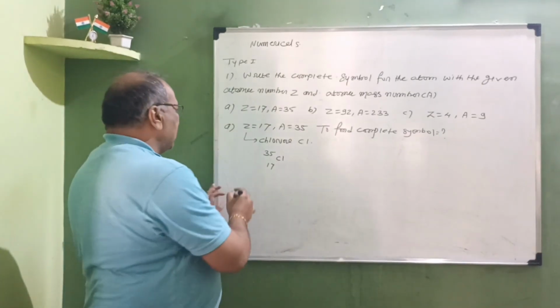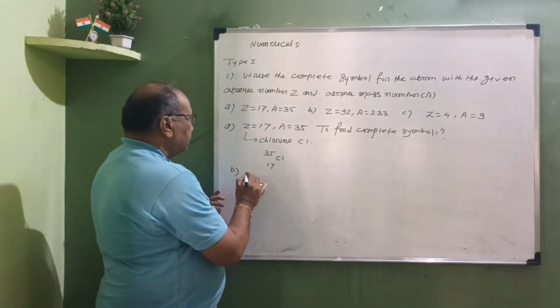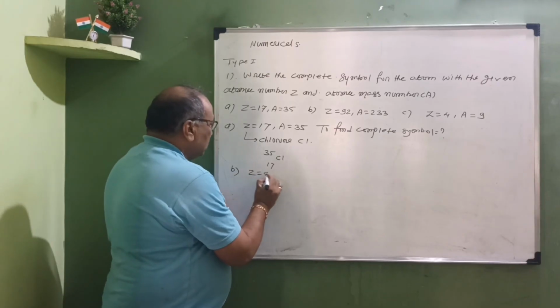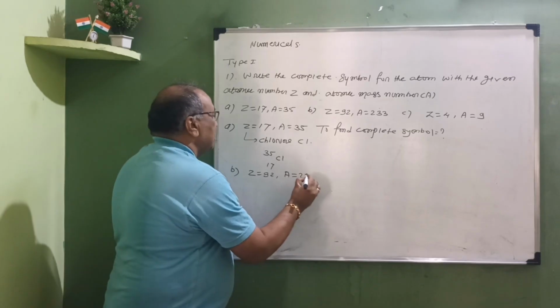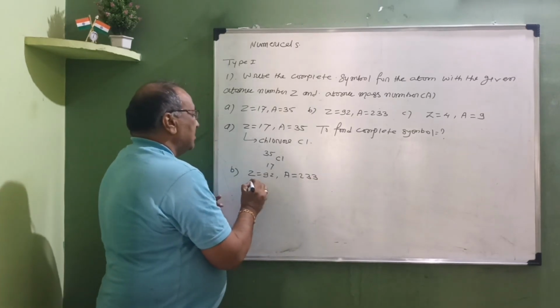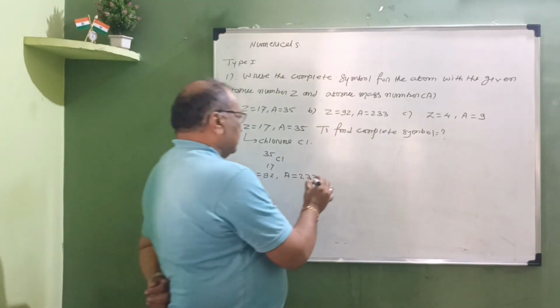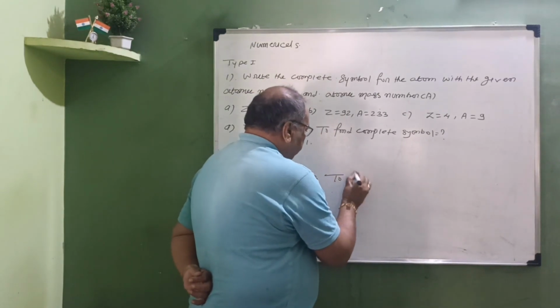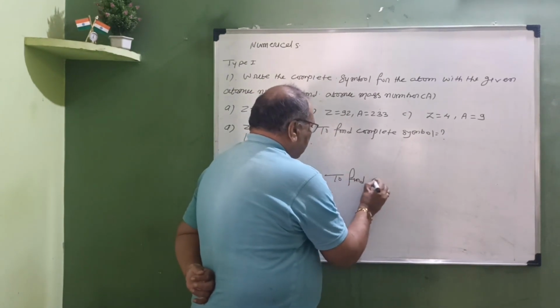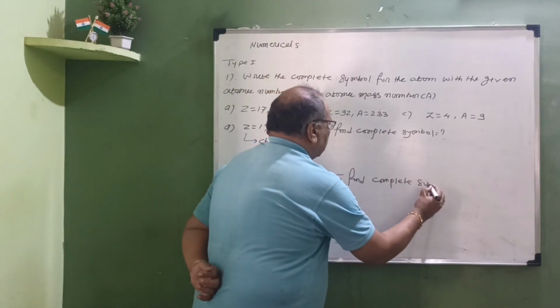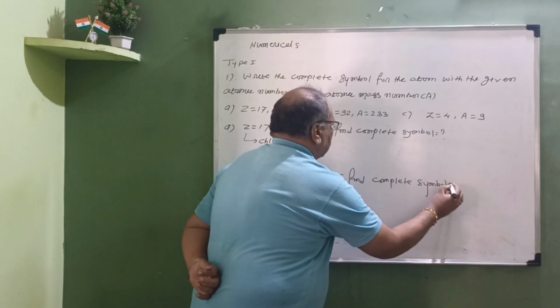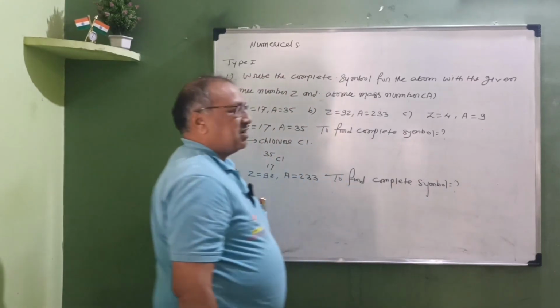Then next, second problem: Z is equal to 92, A is equal to 233. Here to find complete symbol is equal to question mark.